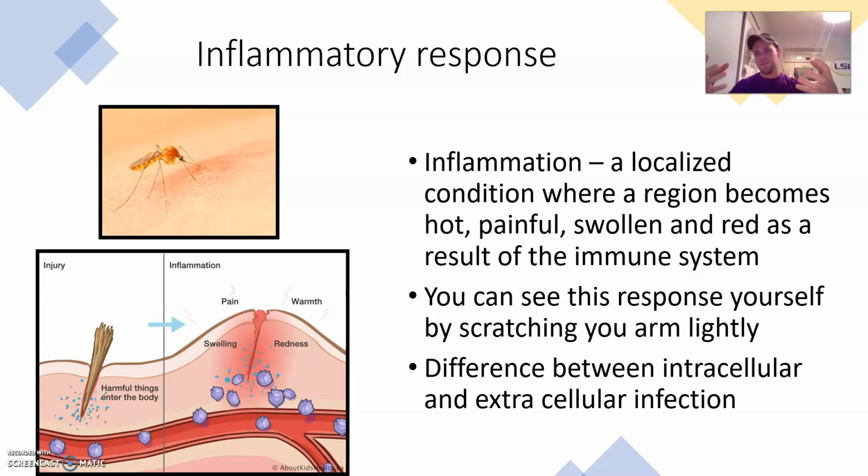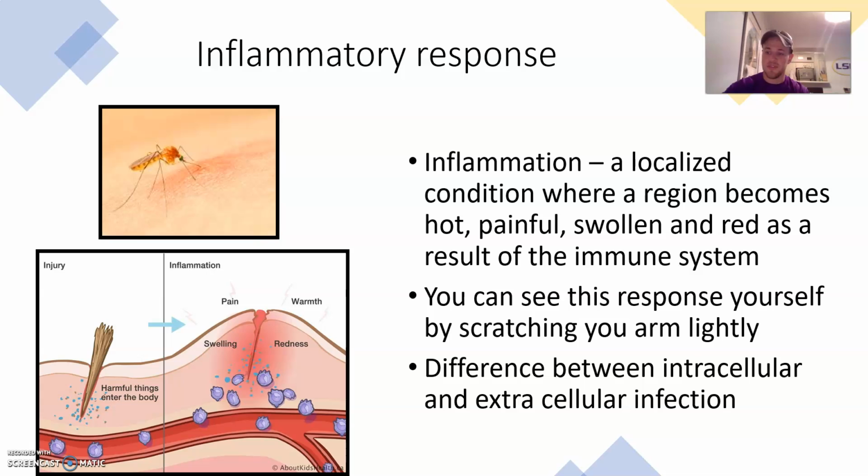So the whiteness is just your blood vessels constricting to prevent anything from moving across your body quickly. But then the redness is all these leukocytes coming out of your blood, like the neutrophils we talked about, and they're coming out of your blood and into the site of injury, or where you scratched yourself lightly.